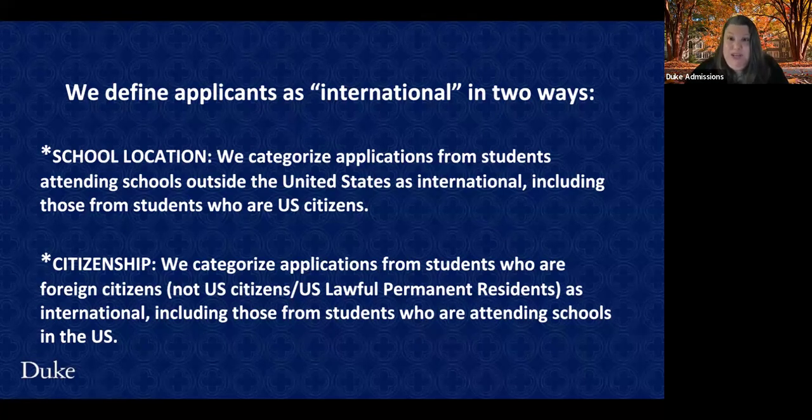This is including U.S. citizens who go to schools on foreign soil. And then another way in which we define international is through citizenship. So even for those students who might be going to school in the US, if you are a visa holder, or if you are undocumented or on DACA, then you are considered to be an international student as well.